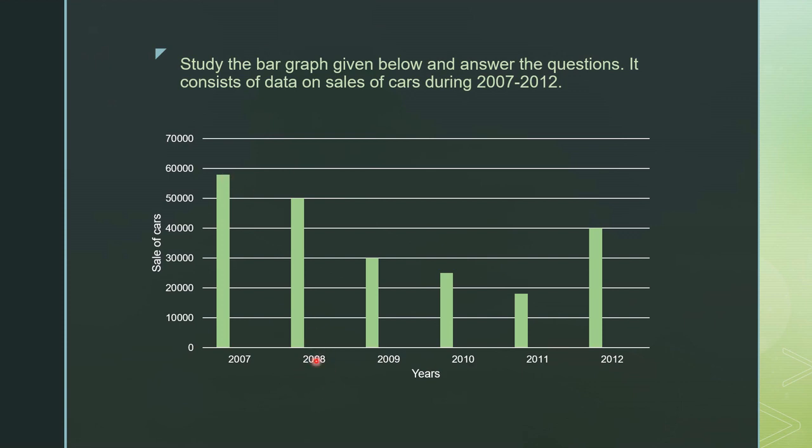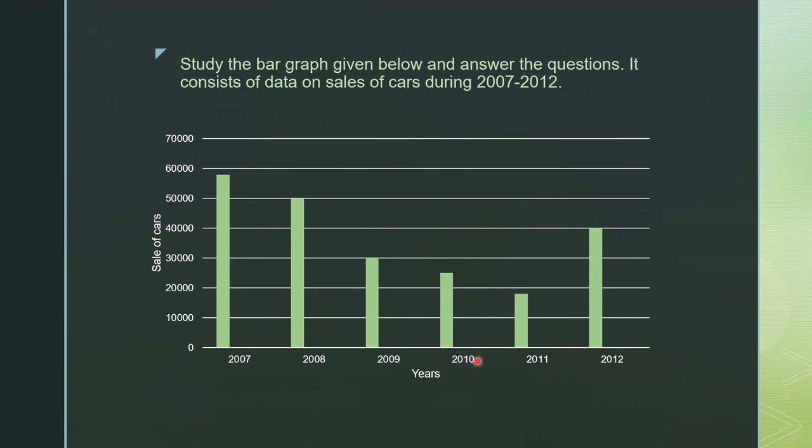Next, in 2008 the sales of cars is 50,000. In 2009 the sales of cars is 30,000 because the bar touches this line, and this line represents 30,000. In 2008 the bar touches the line that represents 50,000.